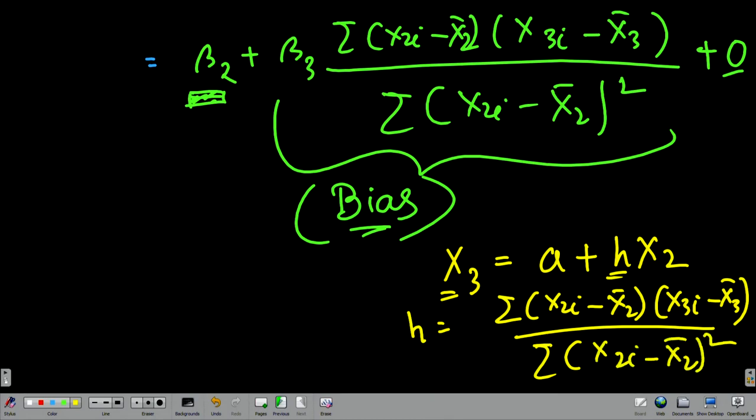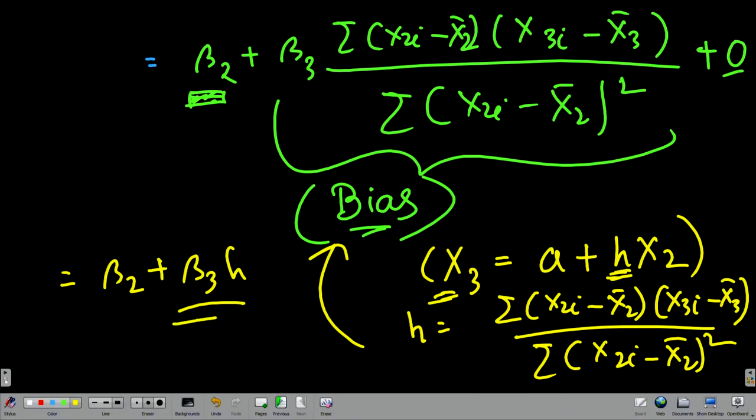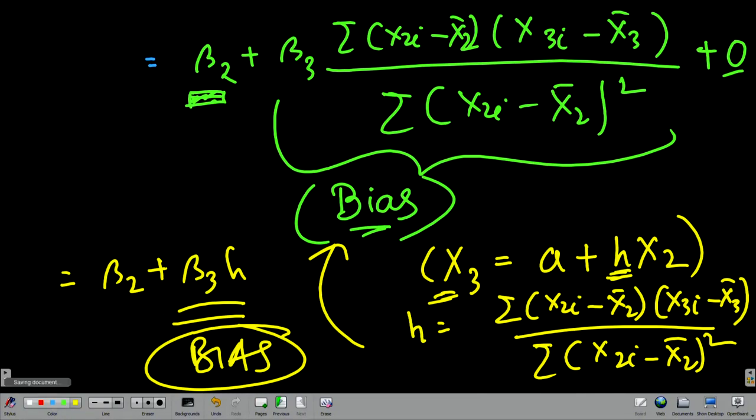Okay. So, this is basically the coefficient of x2 when I do the regression of x3 on x2. Okay. So, this is h, and if I impute the value of h into the previous equation, it will be beta 2 plus beta 3 into h. So, this beta 3 into h is going to be the bias term. So, we need to understand this bias term, the extent of the bias in a regression equation from this value.